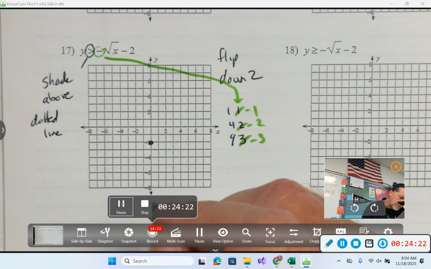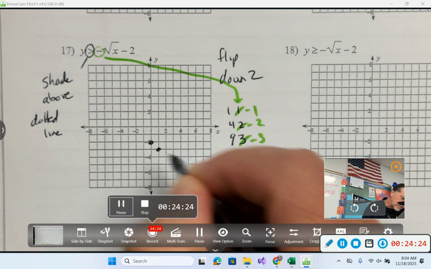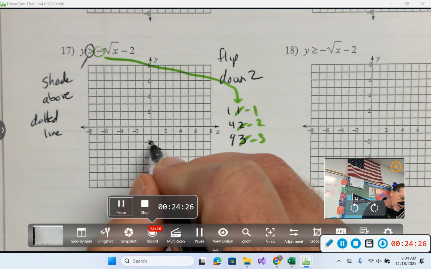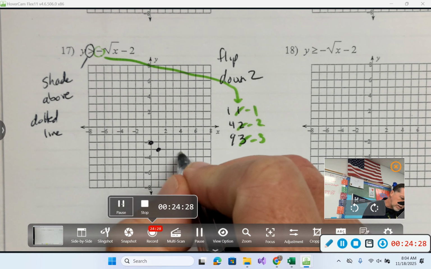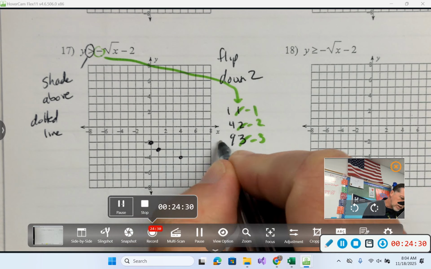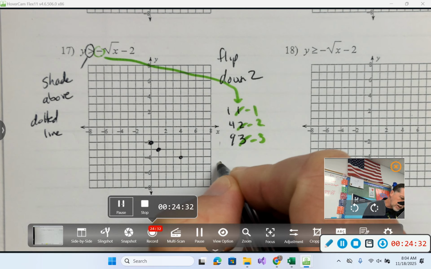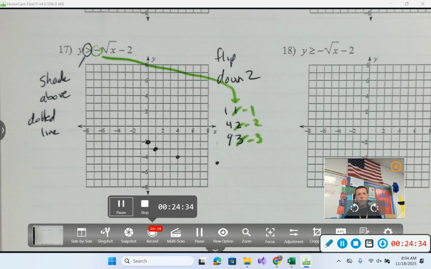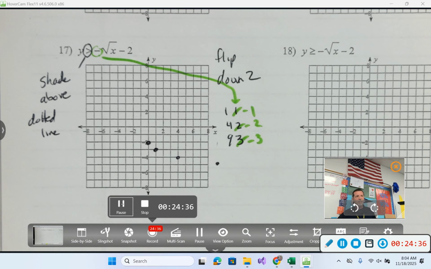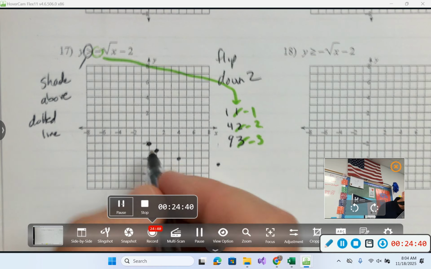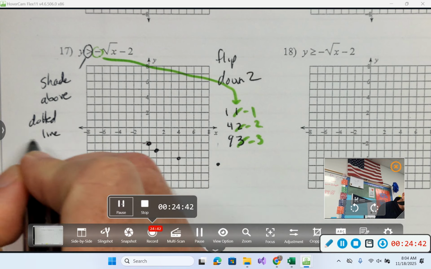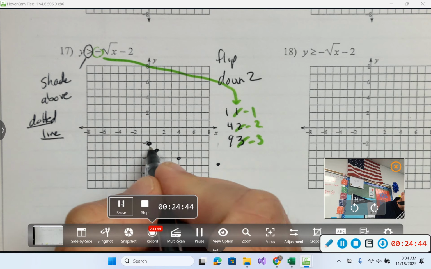Either way. Over 1, down 1. Over 4, down 2. Over 9, down 3. 16, 4, 25, 5, 36, 6. You get the idea. I almost did the solid line, but it's got to be a dashed line.